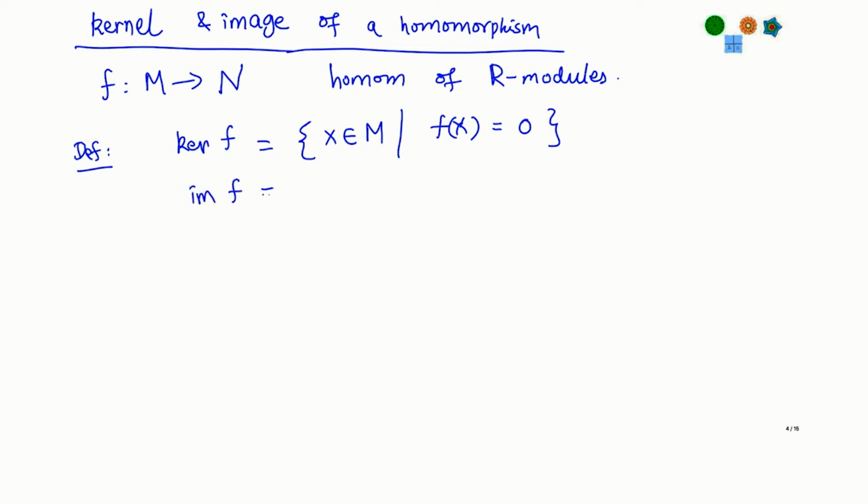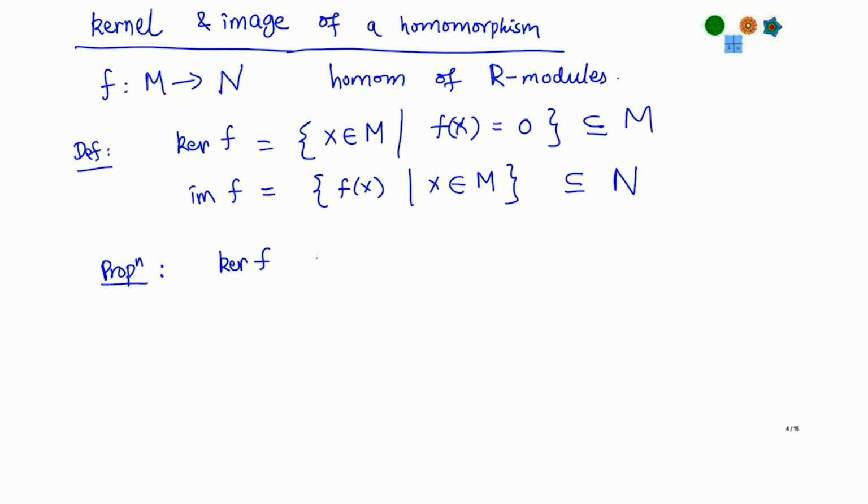The image of this map is of course just f of x as x ranges over M. So clearly the kernel is a subset of M and the image is a subset of N, and here's the immediate proposition: the kernel is a submodule of M and the image is a submodule of N.